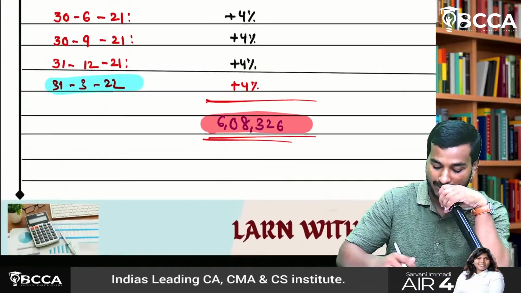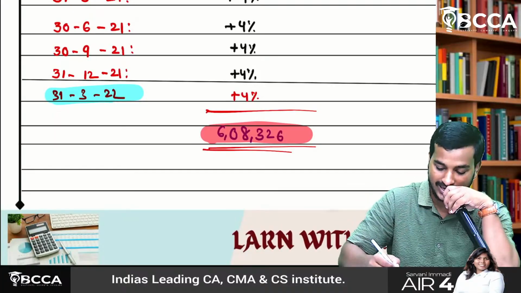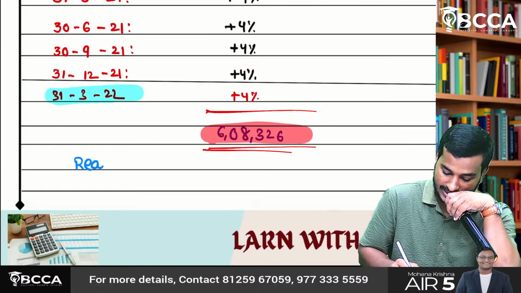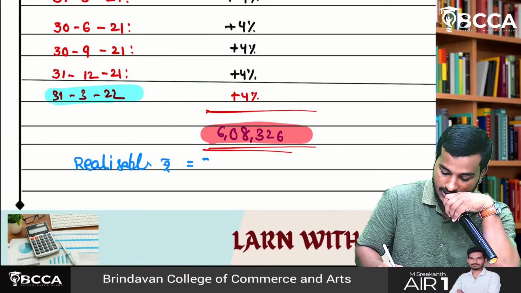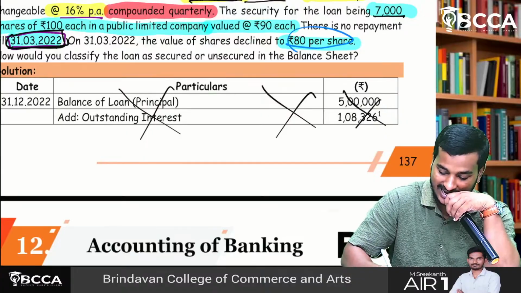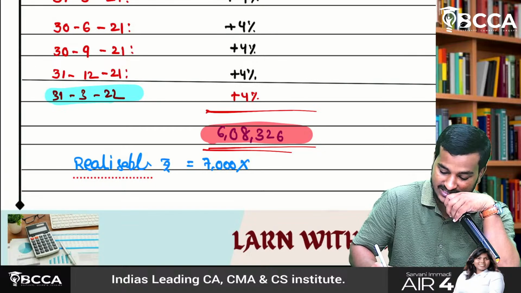But on the balance sheet, we have to check a revalued amount. So what is the revalued amount of shares? Realizable amount, I can say. Realizable amount equals 7,000 shares into share value, which has declined to 80 rupees. 7,000 into 80, say 5,60,000.